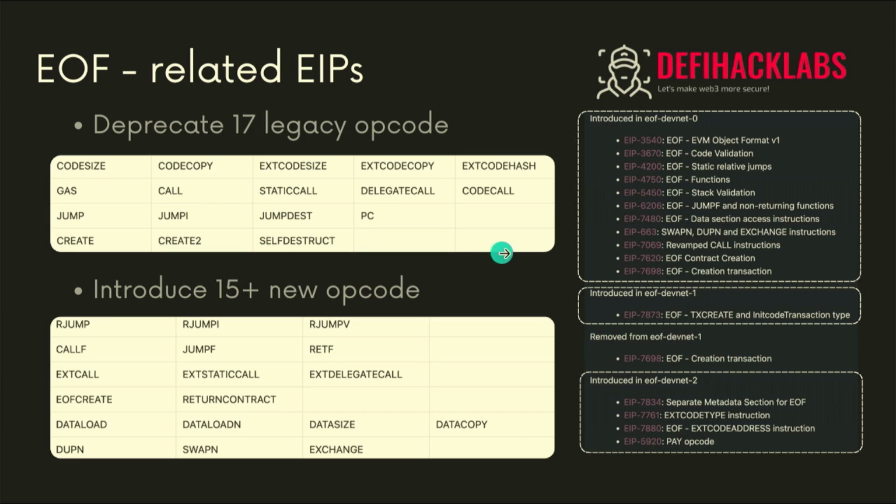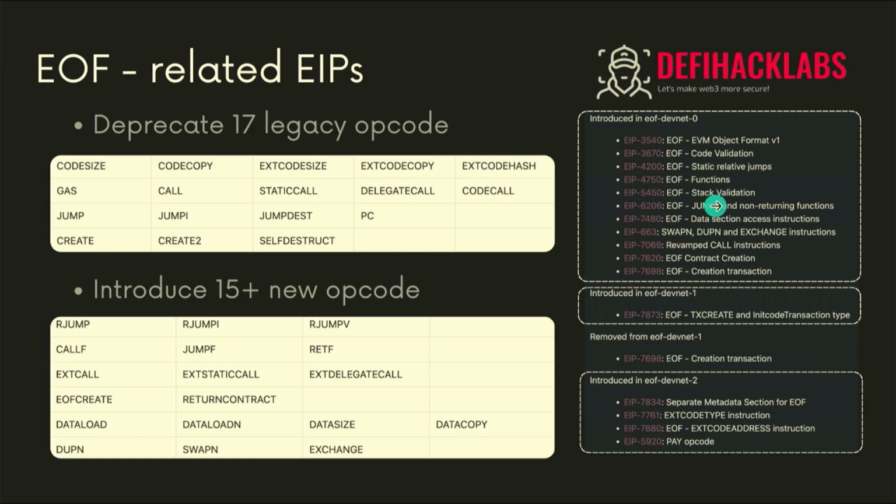Okay. And this chart shows that in order to test EOF in each client implementation, Ethereum Foundation created a lot of DevNets to do so. But in each DevNet, they found new issues in the current specification or the current design.